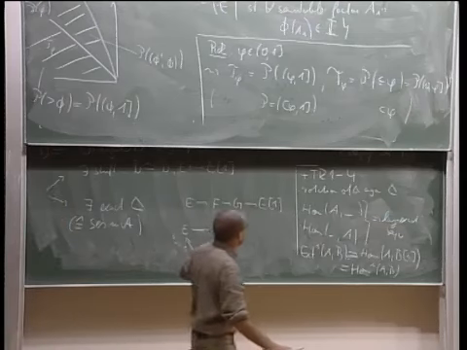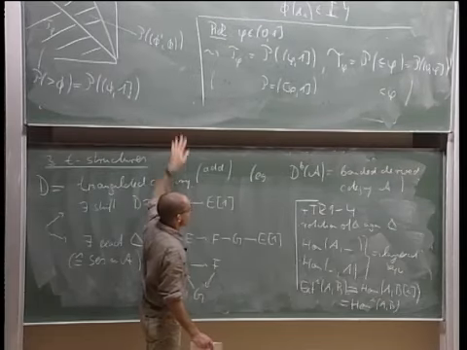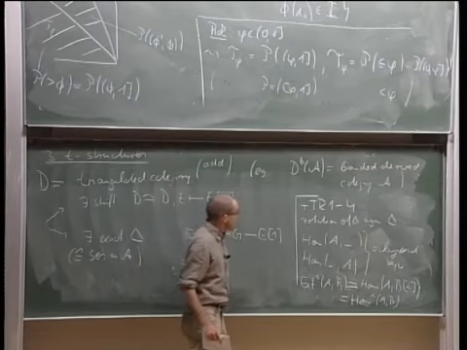Okay, so somehow I have to assume that you're familiar with triangulated categories, that at least you have seen the bounded derived category of an abelian category.